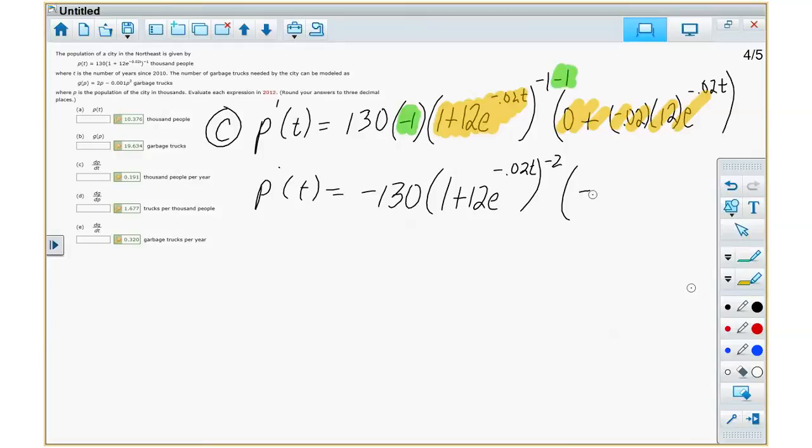Somebody help me out. It's negative 0.24. Yeah, negative 0.24. All right, e to the negative 0.02t that way.